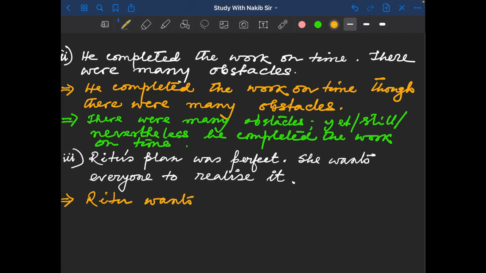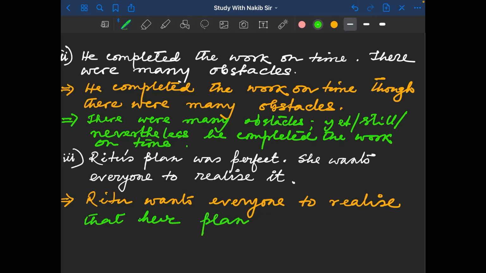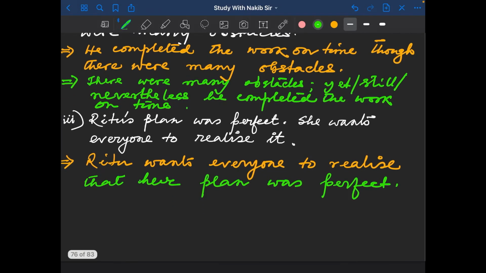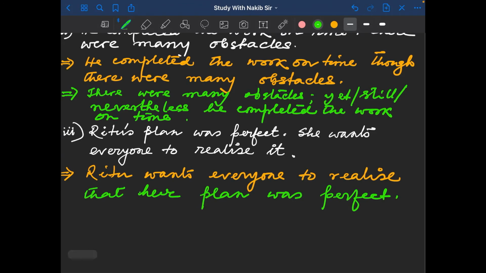Ritu wants everyone to realize that her plan was perfect. Okay, this is your combined sentence. Ritu wants everyone to realize that her plan was perfect.